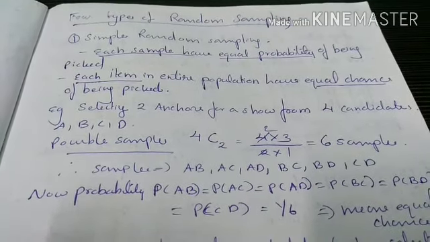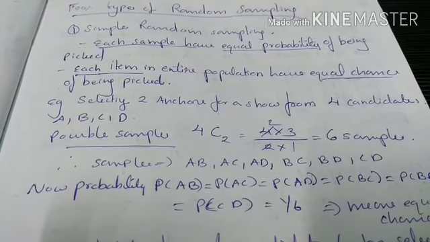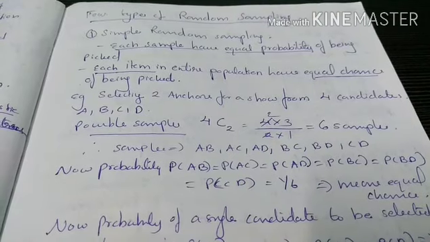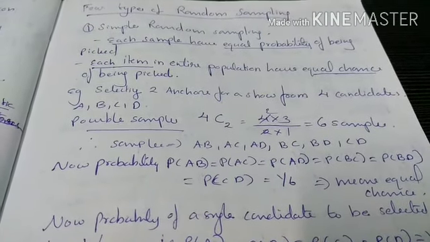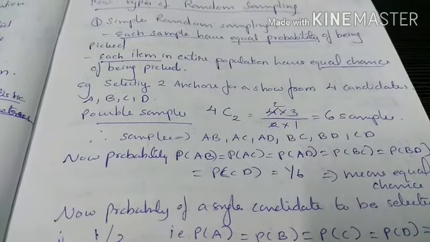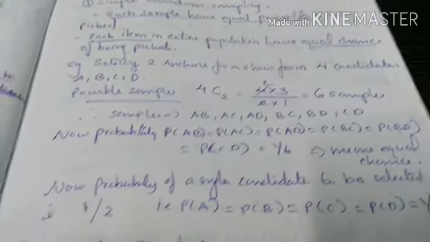So the samples can be AB, AC, AD, BC, BD and CD. So the probability P of AB equal to P of AC equal to etc. equal to P of BD equal to P of CD is 1 by 6. So they have equal probability of being selected.